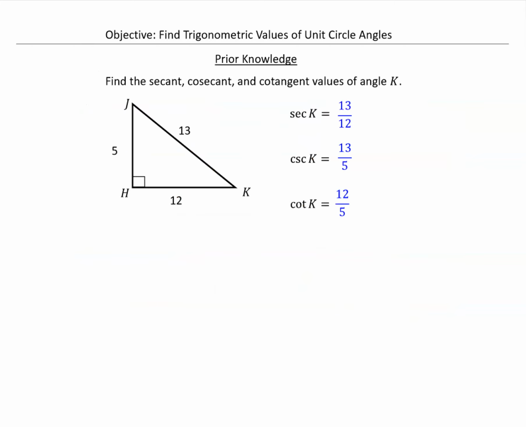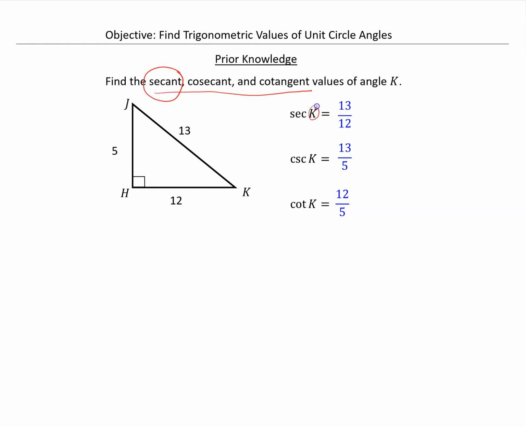All right. Also, in our prior knowledge, we have learned that secant, cosecant, and cotangent are the reciprocals of cosine, sine, and tangent, respectively. Secant is the reciprocal of cosine.